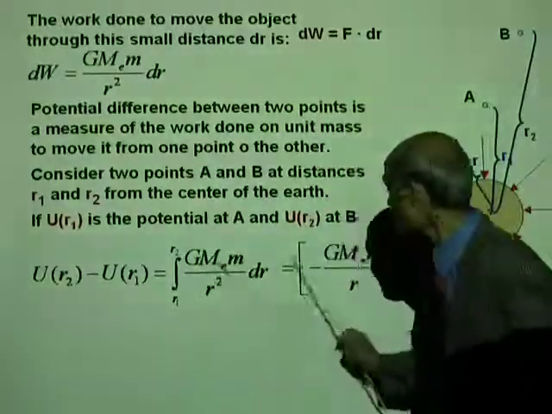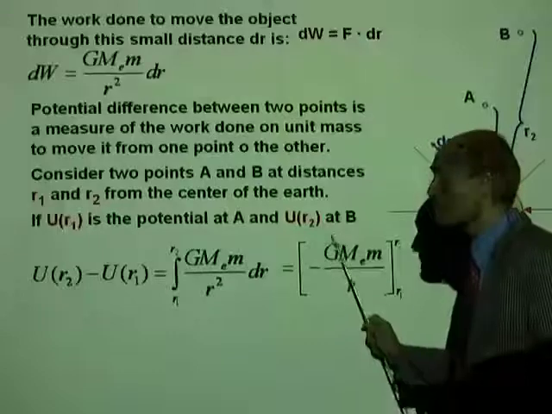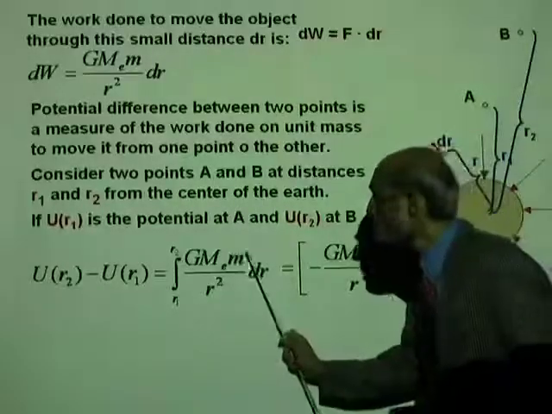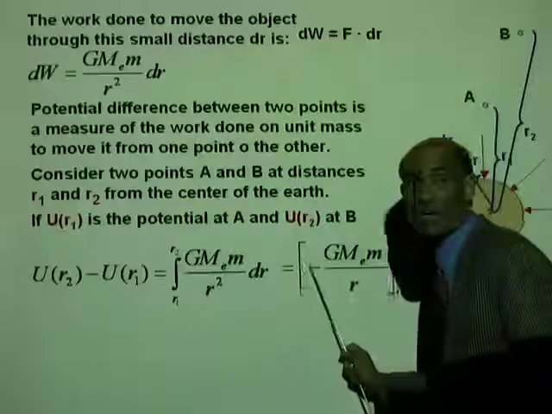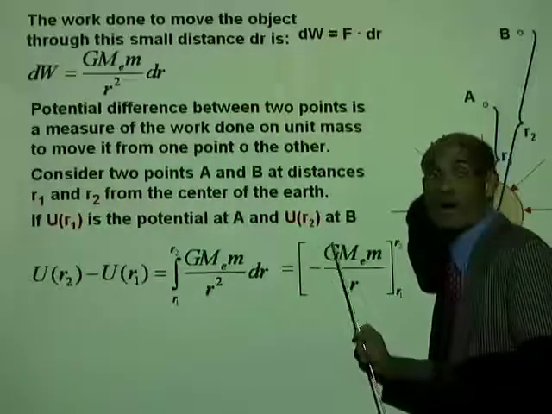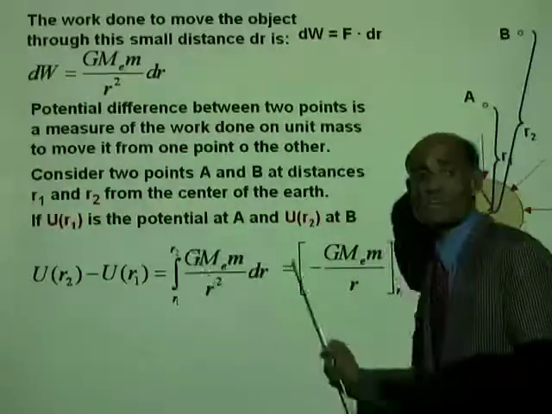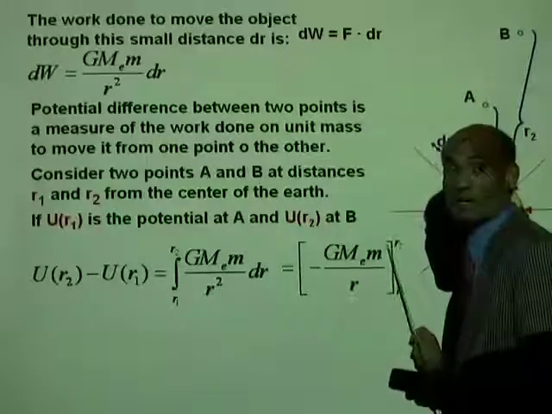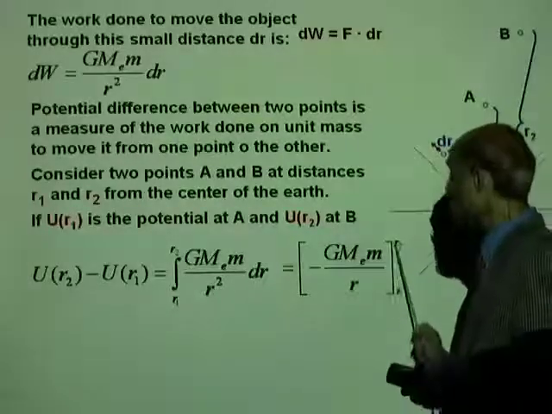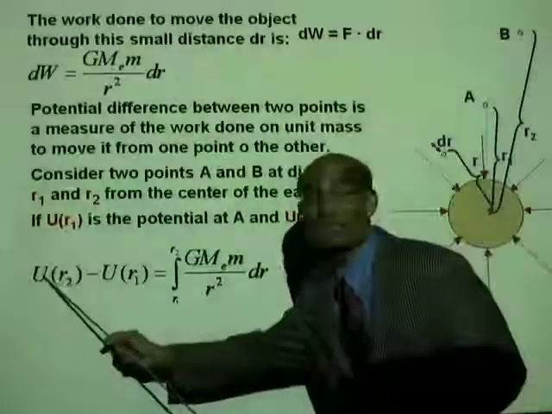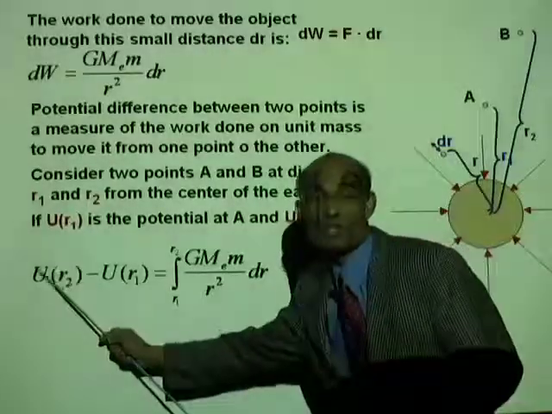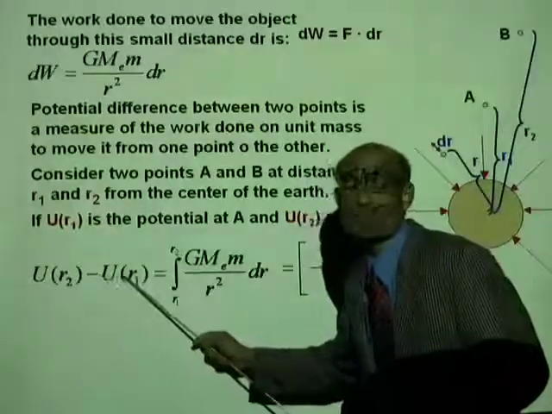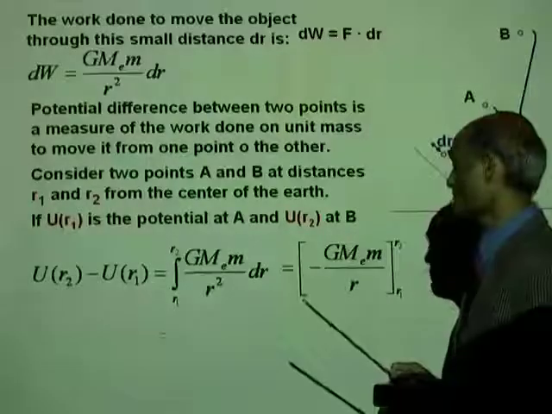So this integrated will become negative G M_E m, that's a constant, times the integral of 1 over r squared dr, which is negative 1 over r. So this quantity integrated gives me negative G M_E m over r, with the limits from r1 to r2. And that is a measure of the potential difference. The potential at B minus the potential at A is the potential difference between the 2 points.